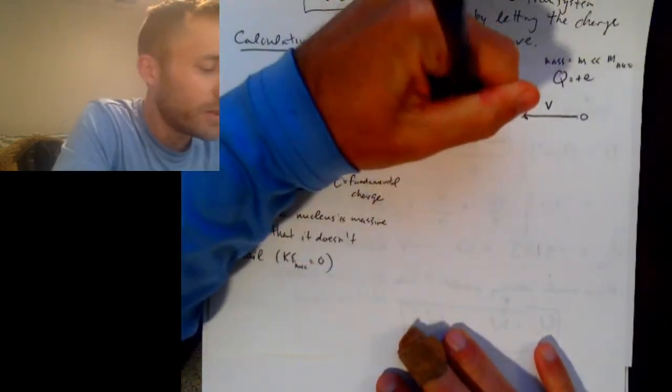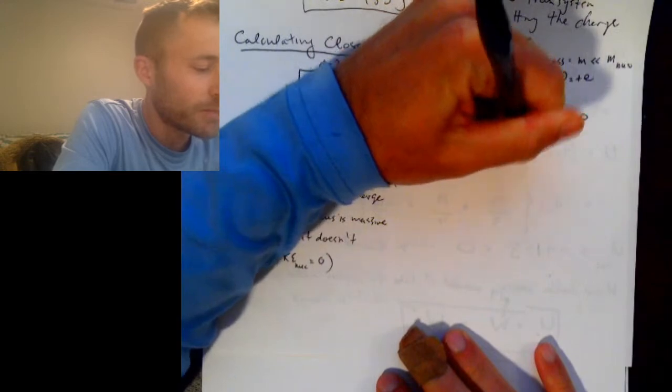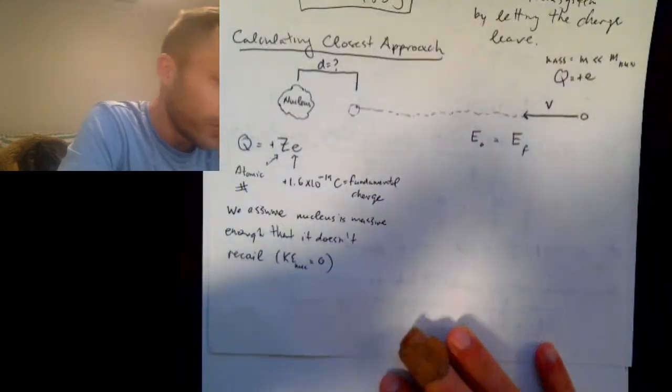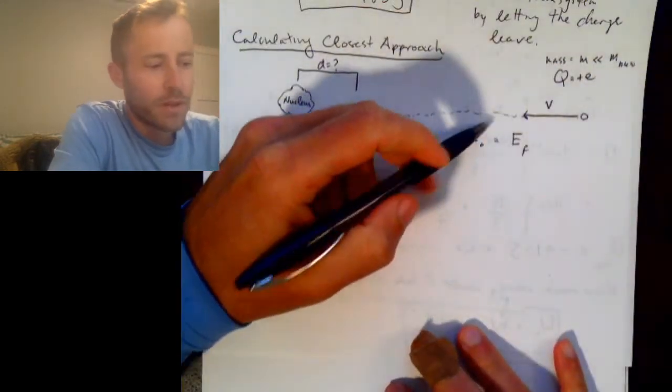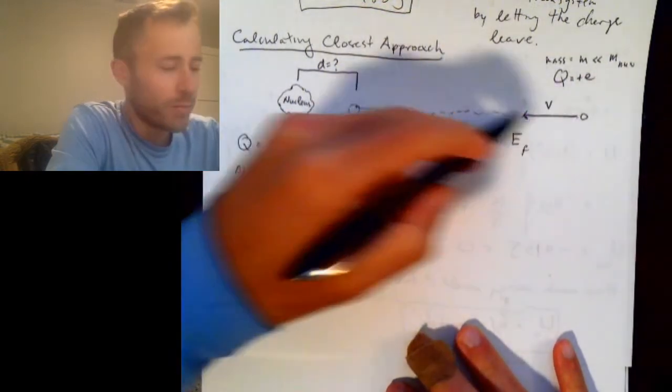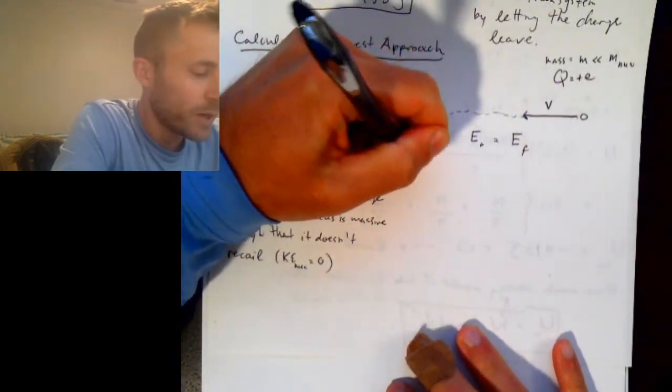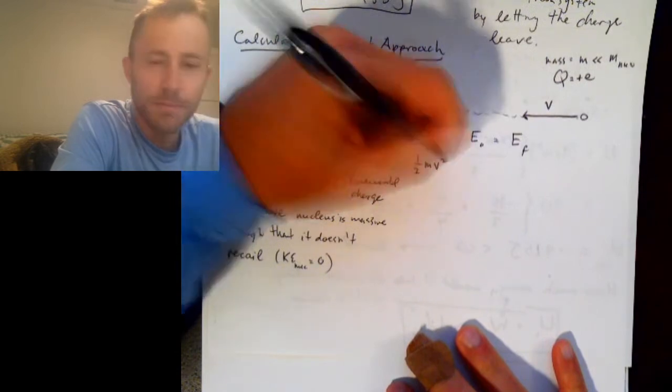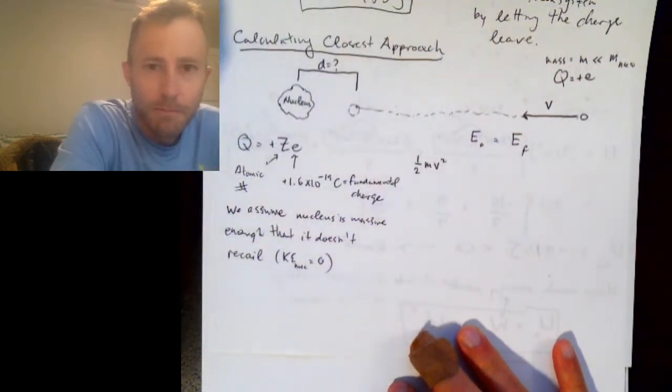Initial energy equals final energy. Initially, we have the kinetic energy of the approaching particle, which is 1/2 mv squared.